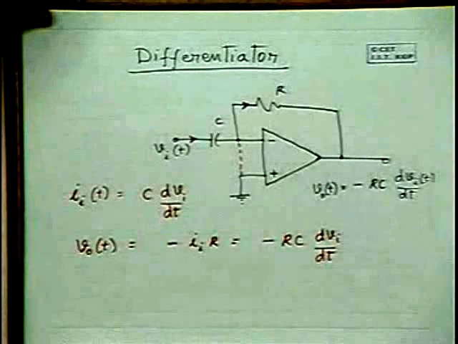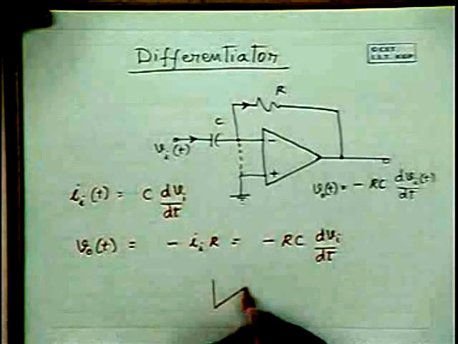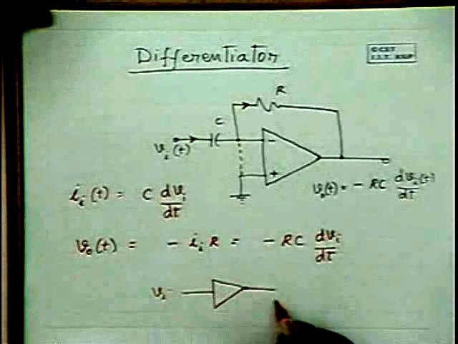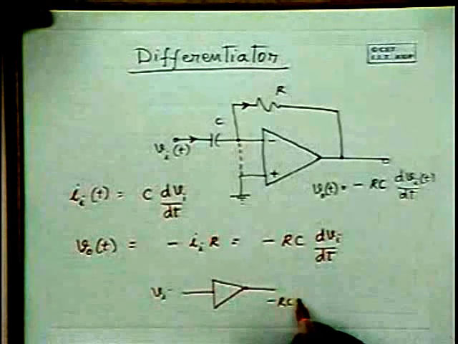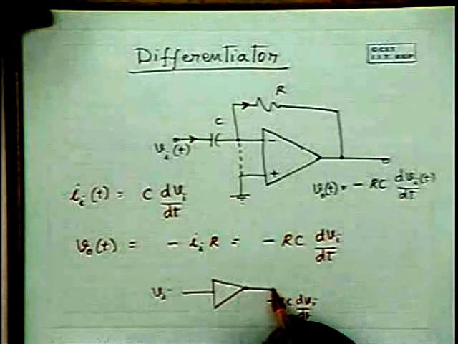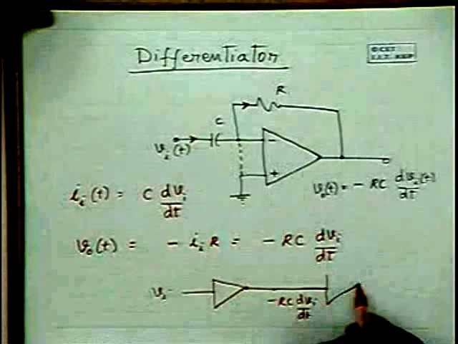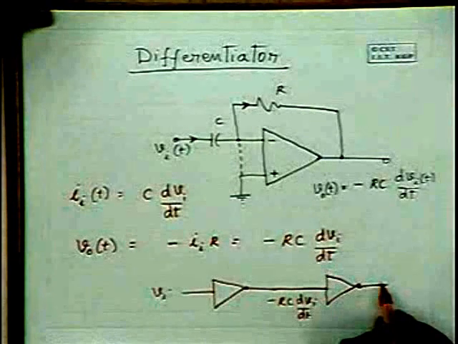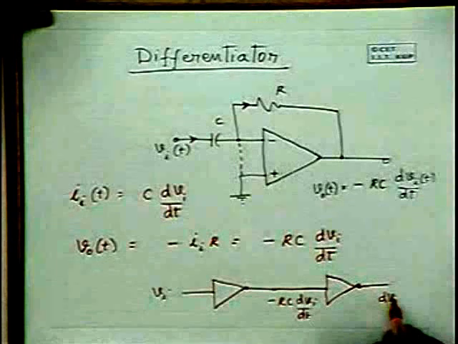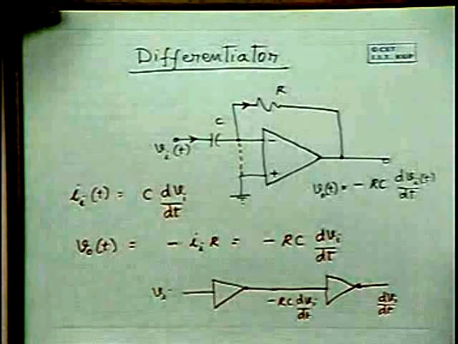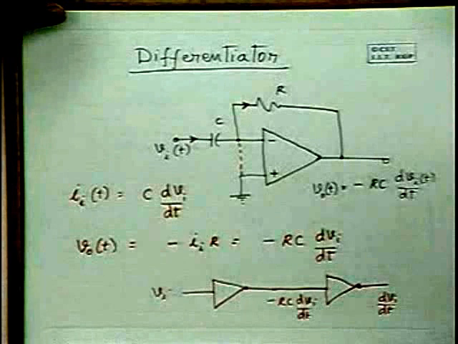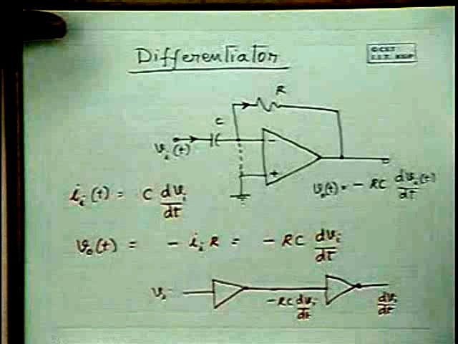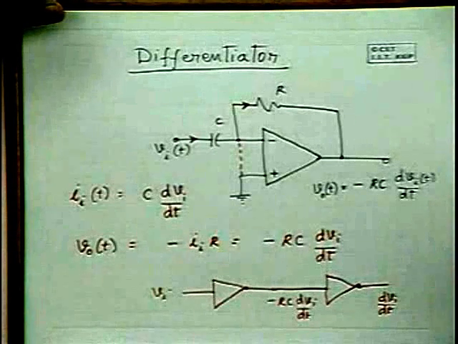Say you have this amplifier with Vi here, and here you have minus RC dVi by dt, and you use another stage here with gain equal to -1 by RC, and what you get here is simply dVi by dt. So the scaling factor and the signs can be easily manipulated using an extra stage or a few extra stages of amplification.